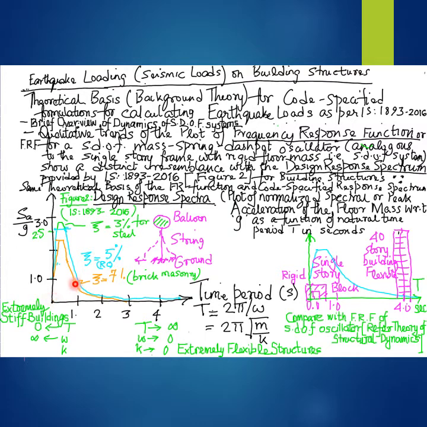for which the normalized spectral acceleration or peak acceleration has been provided as 1, corresponding to extremely stiff buildings with natural period or fundamental time period tending to 0.